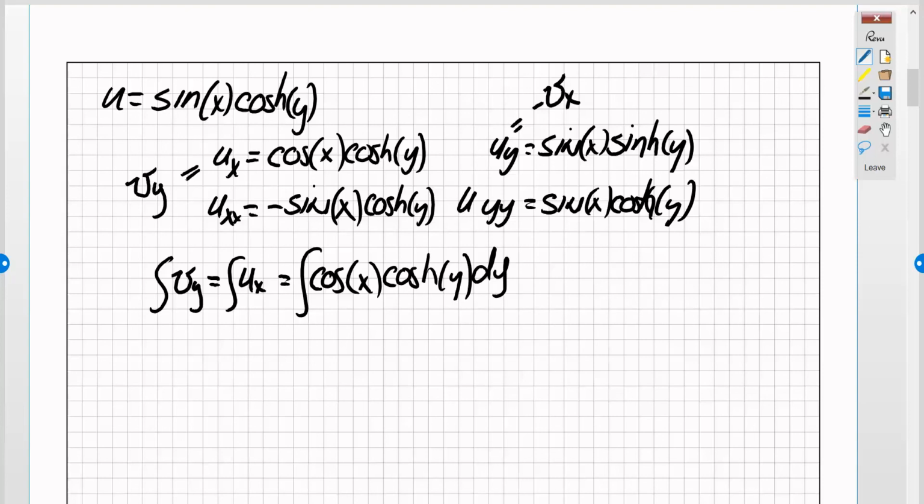Okay, so dy, and that gives us that v is equal to the cosine of x times the hyperbolic sine of y plus some unknown h of x.